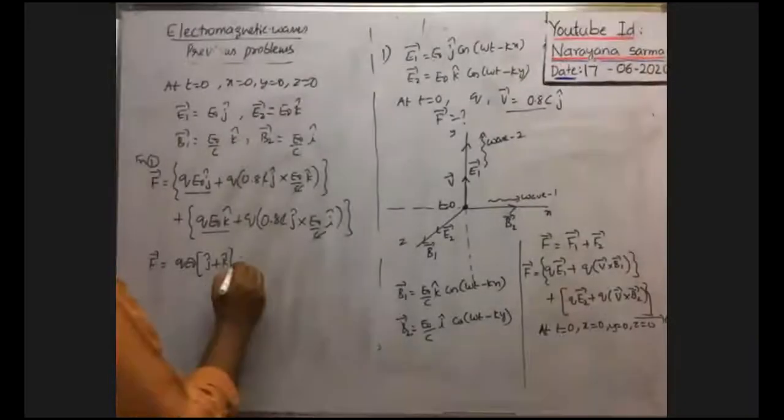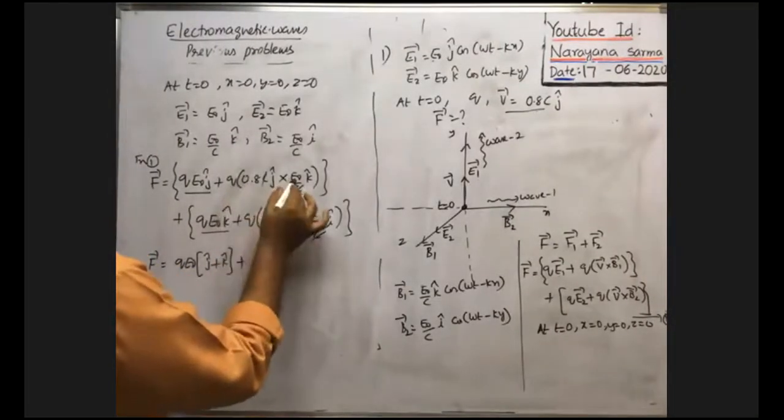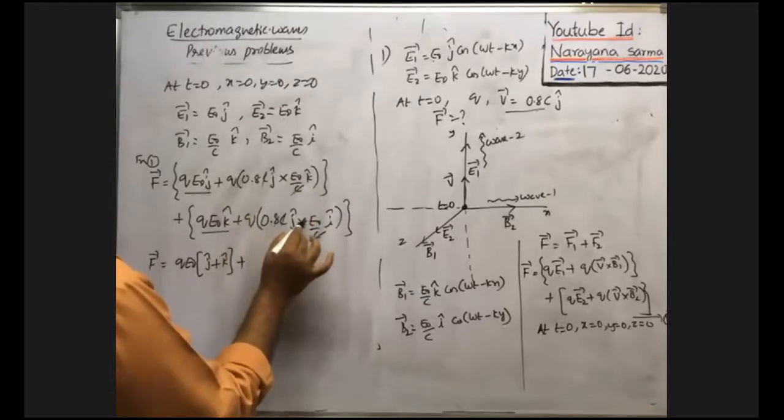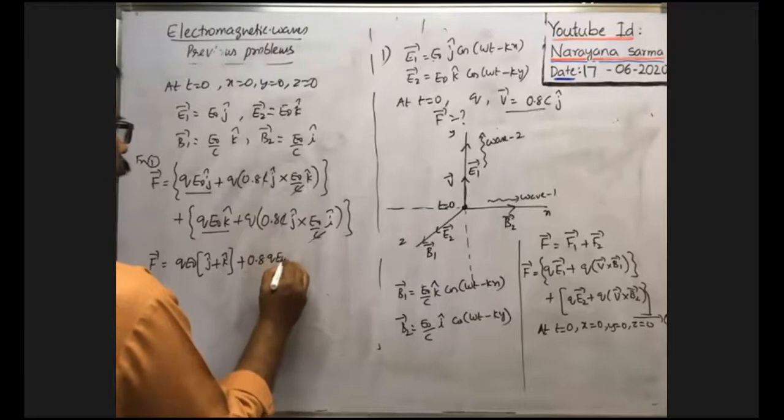here you see Q E naught j cap is there, and Q E naught k cap is there. That's why you take Q E naught common in both terms. Then you write j cap plus k cap. Plus here Q into 0.8 into E naught is there in both, so you take 0.8 Q E naught common.